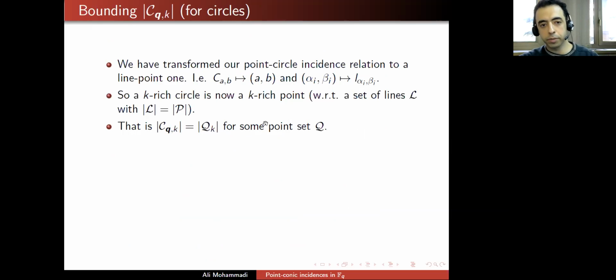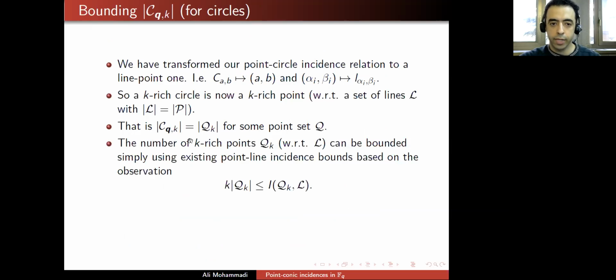This says the same thing. And the thing is, the number of K-rich points can be estimated by point-line incidences. So just using the basic identity, if Q_K is the number of K-rich points, then the point-line incidences are bounded from below, trivially, because each point has K lines going through it from L, so it's larger than K times the size of the point set.